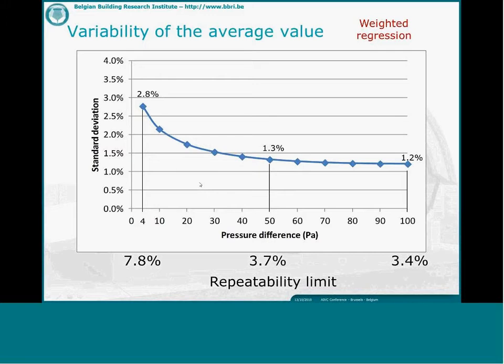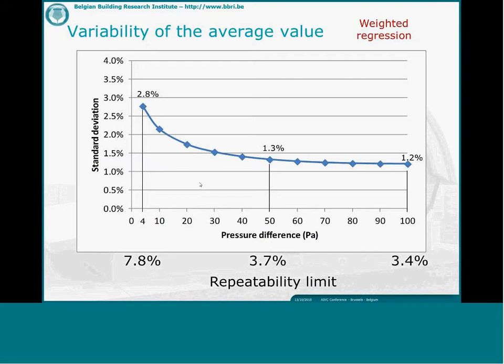The results I've just shown were obtained with unweighted regression, but some people tend to favor a weighted regression, so we did the calculation again with a weighted regression like it's stated in the Canadian standard, and we found these results. For 50 and 100 Pascal, you can see that there is no large difference between both.